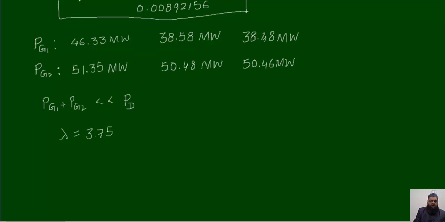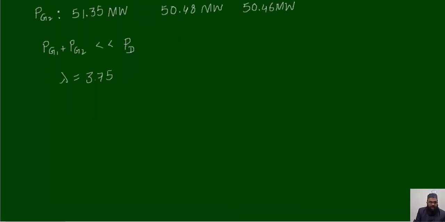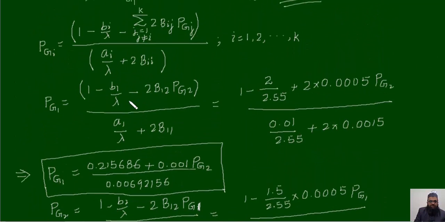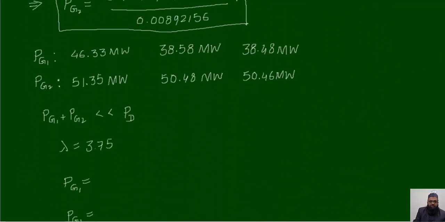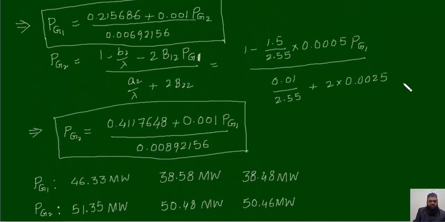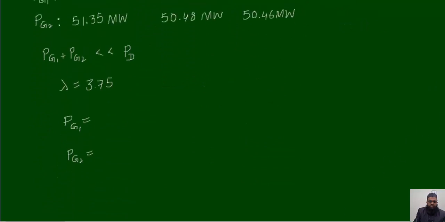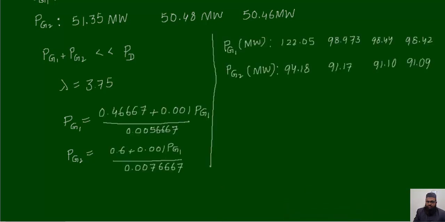With this assumed value of lambda, the coordination equations are Pg1 is equal to, using a similar procedure, and Pg2 is equal to, we have already written Pg1 and Pg2. So we have increased lambda, so now we will get different coordination equations for Pg1 and Pg2. So just verify it at your end.